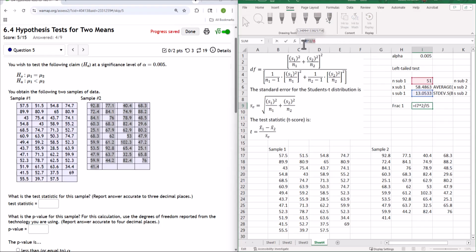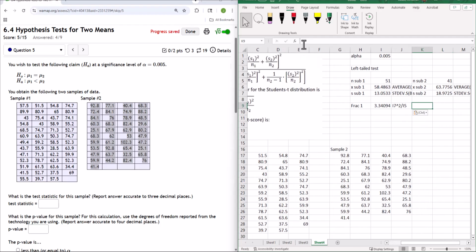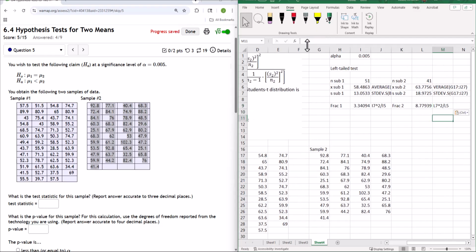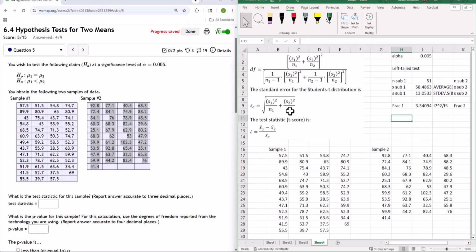Similarly, fraction 2 is s sub 2 quantity squared over n sub 2. We use those to figure out our standard error and eventually our degrees of freedom.